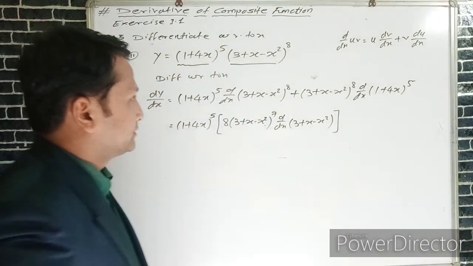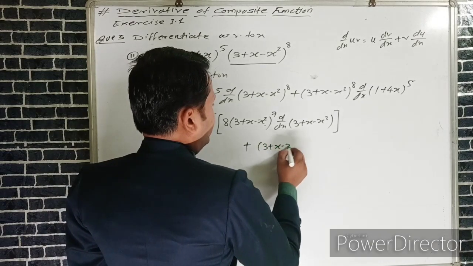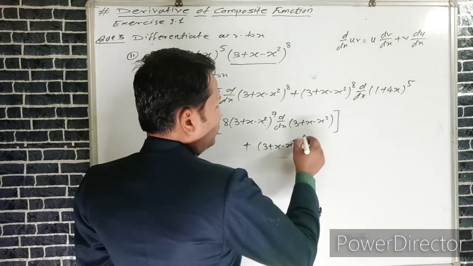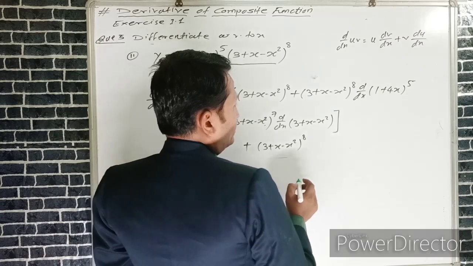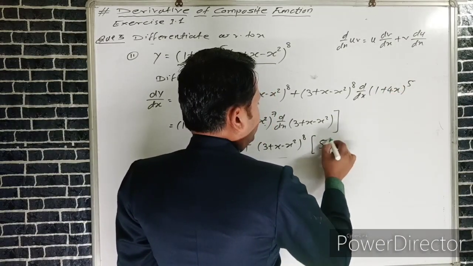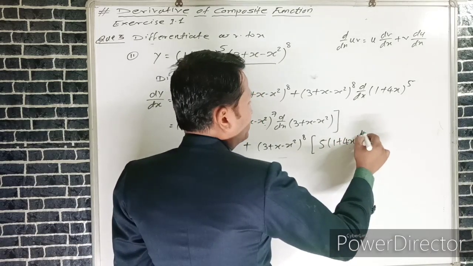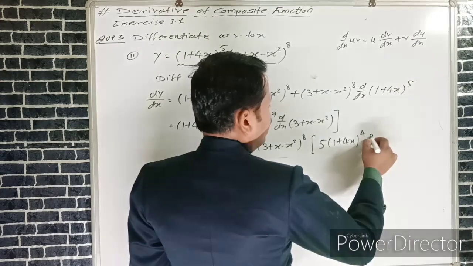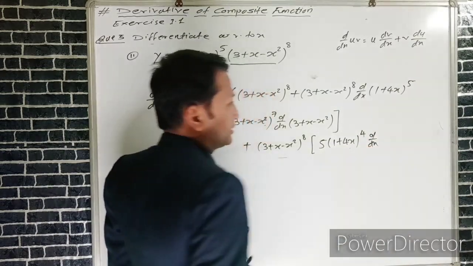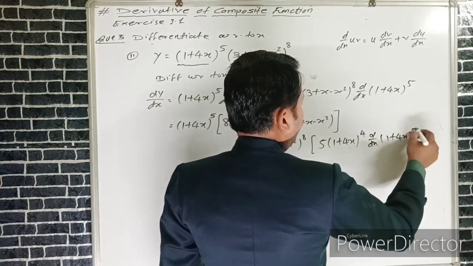After that, the second term plus (3 + x − x²) as it is, whole raised to the power 8. Here the derivative of (1 + 4x) raised to the power 5 is 5 into (1 + 4x) whole raised to the power 5 minus 1, that is 4, and we take again the derivative of the considered function, which is 1 + 4x in the bracket.